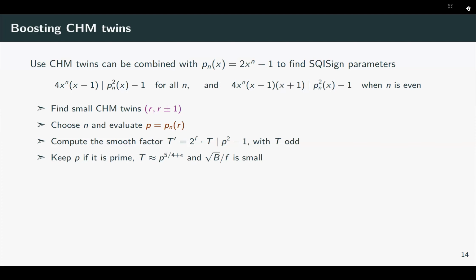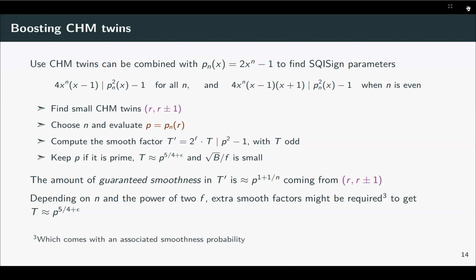And we record it if p is prime, and we have this size requirement for t, and the cost metric is small. Because we're incorporating the CHM twin, we have a guaranteed amount of smoothness from p squared minus 1. In particular, for a particular n, we have a guaranteed smoothness of this size.